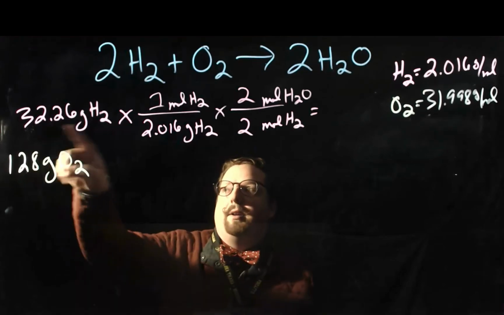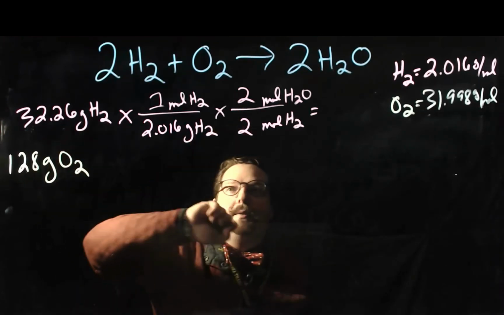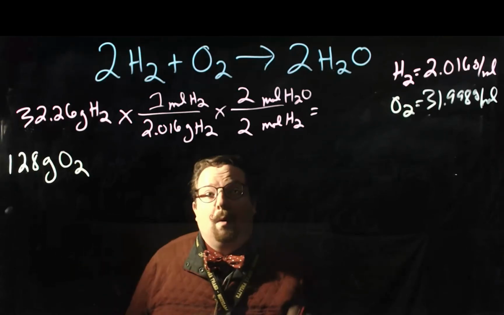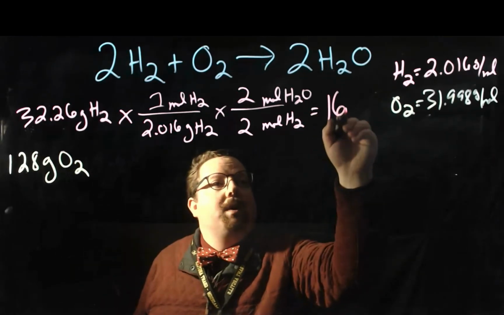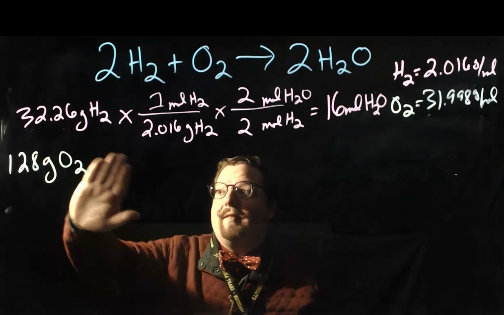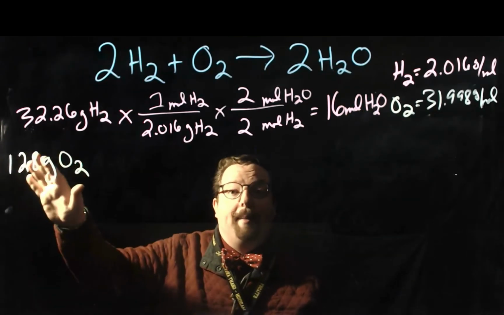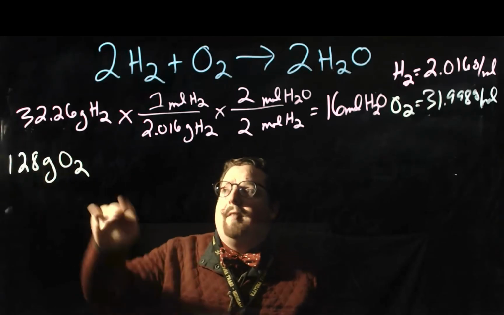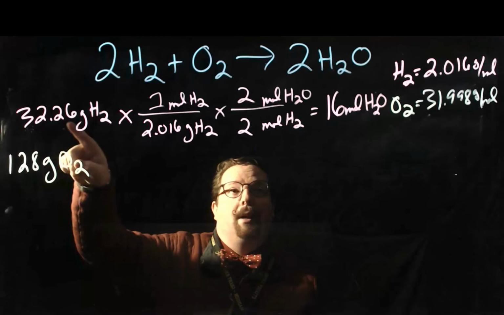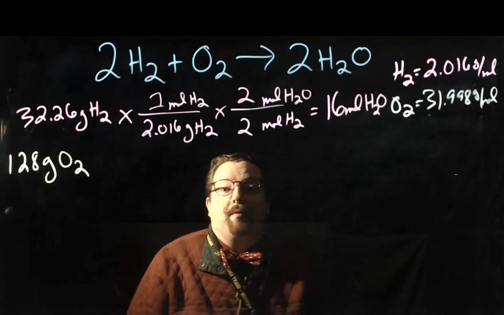So when we multiply 32.2 times 2 divided by 2.016 and then divided by 2, we get 16 moles of H2O produced. So what that means is if I had an infinite amount of O2, just don't even worry about how much O2 we have, if I completely use 32.26 grams of H2, I'm going to make 16 moles of water.